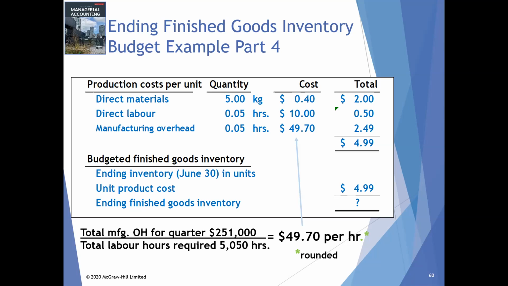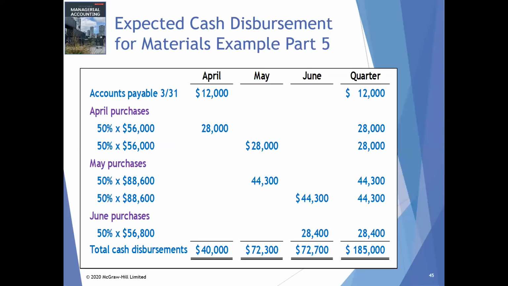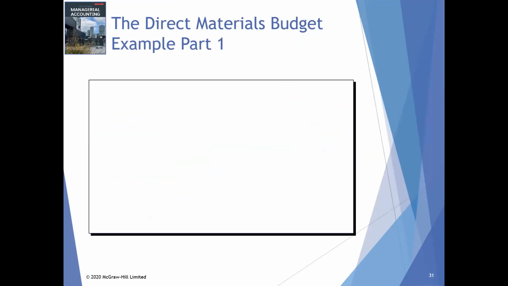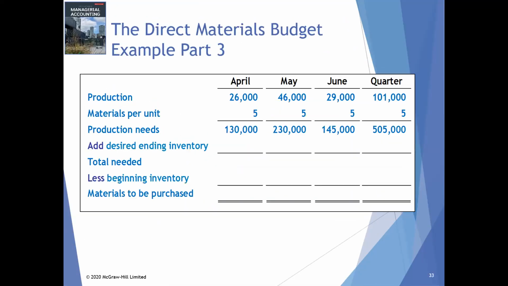When the production budget was created, we added the desired ending inventory. So this 5,000 is the closing stock for this quarter. Here, this is the closing inventory, right? So let's see.